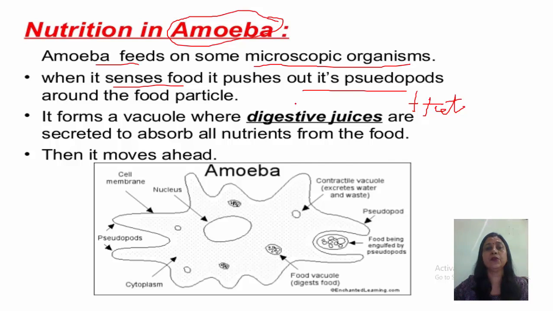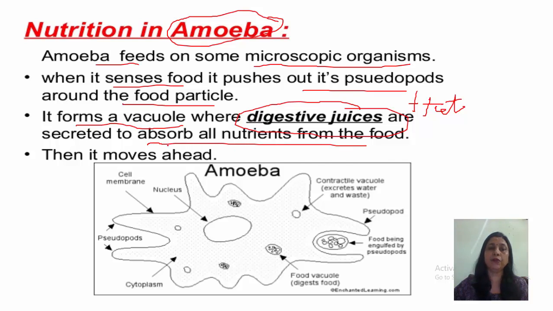So whenever it senses food or the food comes near the body of amoeba, it protrudes out its pseudopodia around the food particle. Then it surrounds the food particle and forms a vacuole where digestive juices are secreted to absorb all the nutrients from the food, and then it moves ahead.